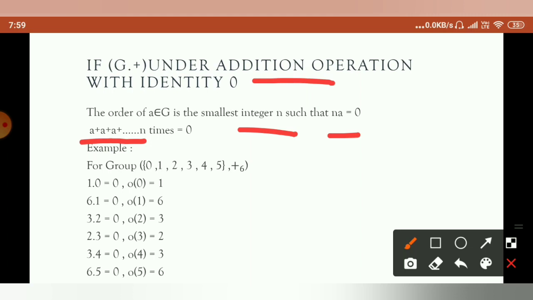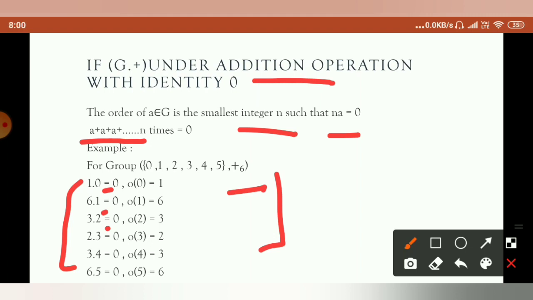This is the example of addition modulo 6, which contains 6 elements, and now we check the order of each element. So here we write all the elements 0, 1, 2, 3, 4, 5, and we have to find the least integer which when multiplied with that element gives us 0, because the identity element in this addition modulo 6 group is 0.